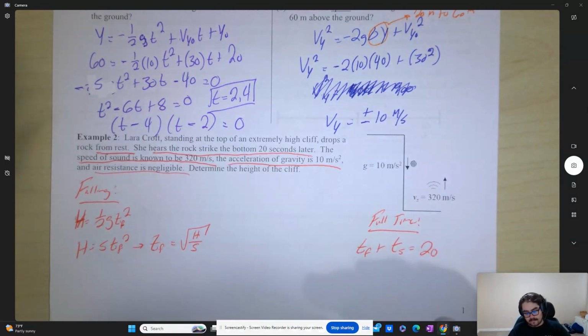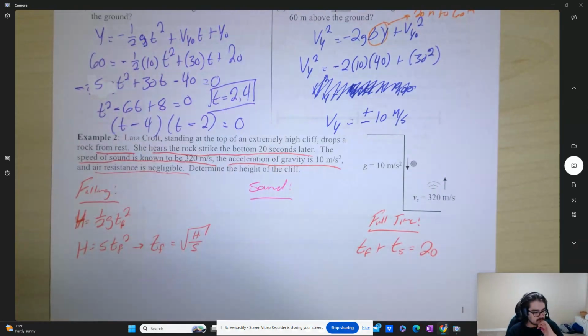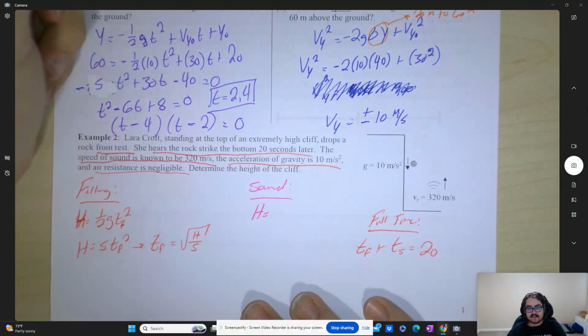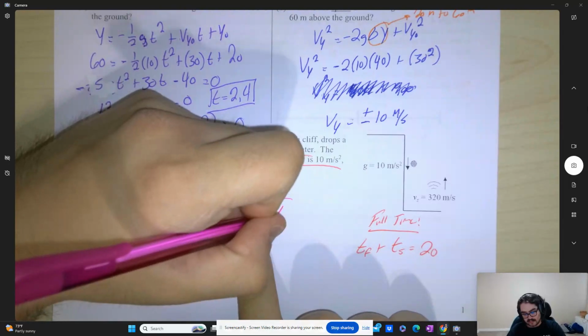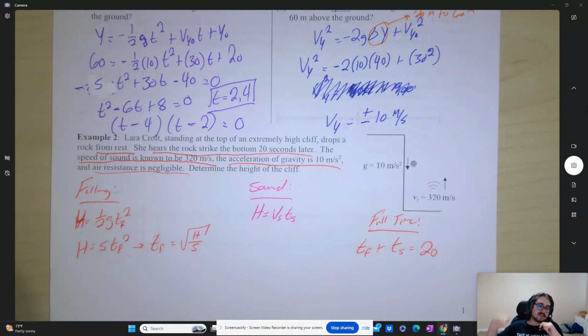Okay, that's for falling. And then for the sound, you would have to understand that the height can be found by the velocity of the sound times the time it takes for the sound to travel. So if we figure out how long it takes for the sound to reach the bottom, from the bottom of the cliff to where Lara Croft is standing, then we can multiply that by the velocity to figure out how high.